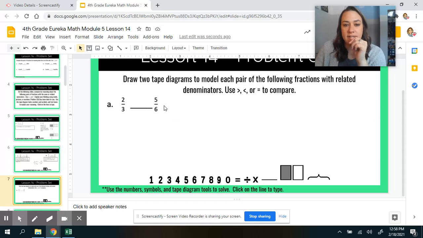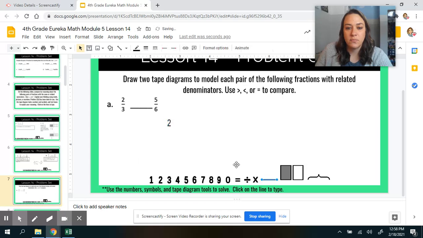2/3 and 5/6. So you can always try to find a relationship between your numerators or your denominators. 3 and 6, we know that those are related because I can convert my 3 to a 6 using multiplication. So let's do that and see what it gives us.